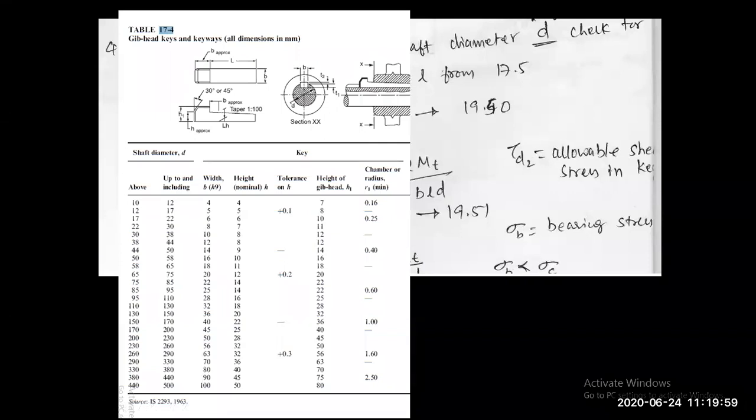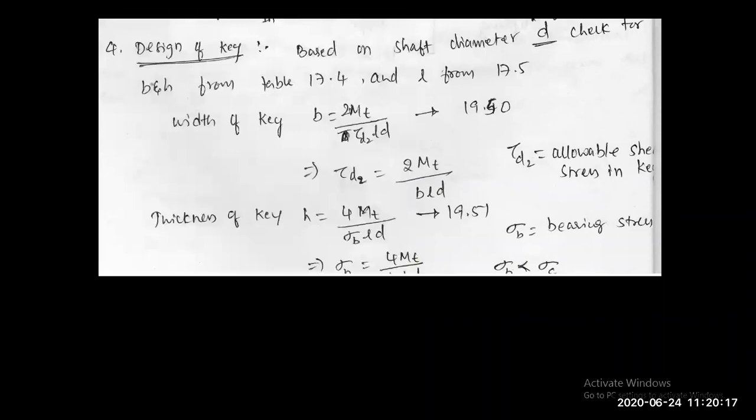Depending on the diameter of shaft, we take the dimensions, substitute them and see whether it is within the limits or not. That's our goal. These sleeve couplings always embed the jib head key, that's why we are referring to only the jib head keys. So let's start off with this step. Design of key is the fourth step.